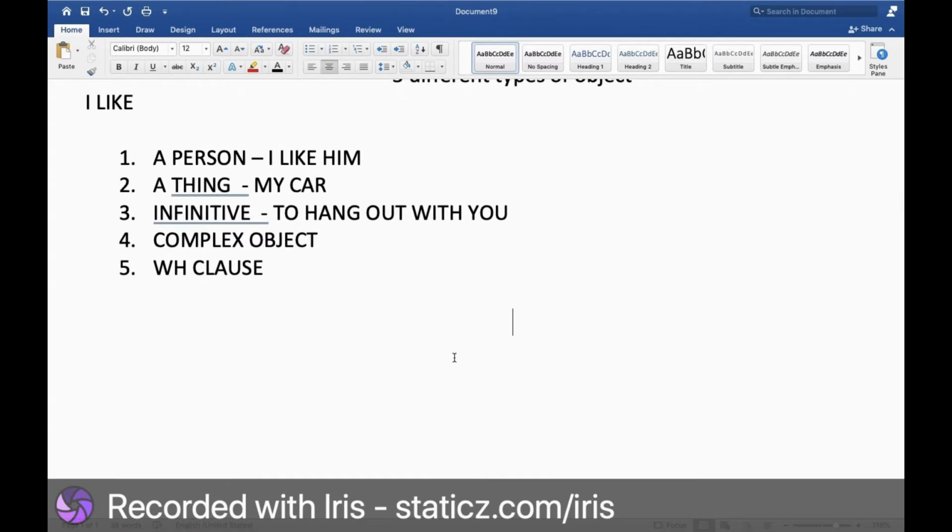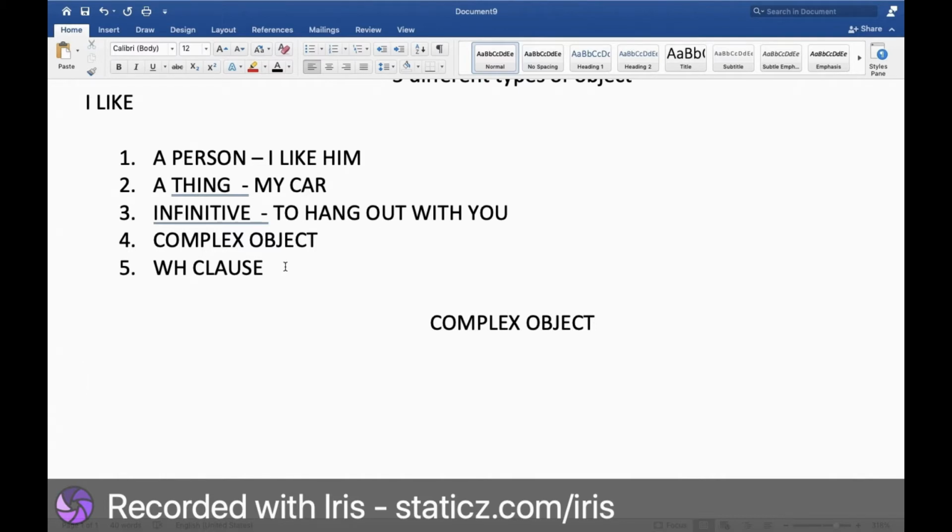So let's see how else we can use object in our sentence. Let's talk about complex object first. Well, what is a complex object overall? This is actually very important for some sentences when we create them. We cannot use an infinitive as a subject. Also, at that point, we can use it as a complex object, as a subject, also as an object.